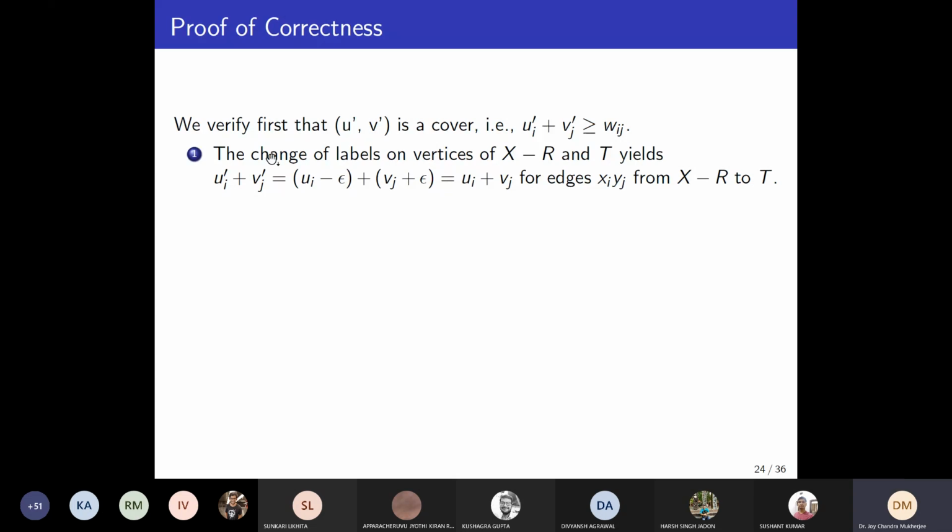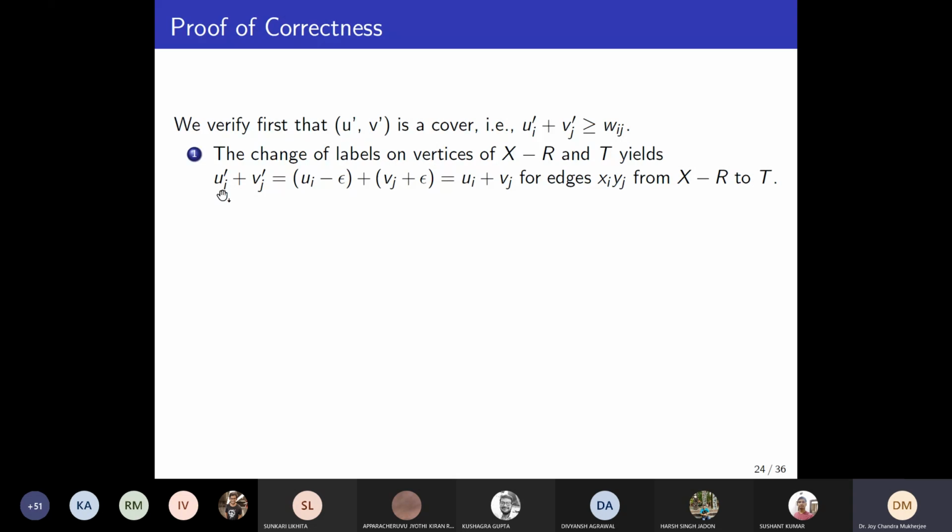So the change of levels on vertices x minus r and t. In x minus r I subtracted epsilon from the vertices, and in t I added epsilon. So what happened to ui prime plus vj prime? What is ui prime? ui minus epsilon, and vj prime is vj plus epsilon, where xi belongs to x minus r and yj belongs to t.